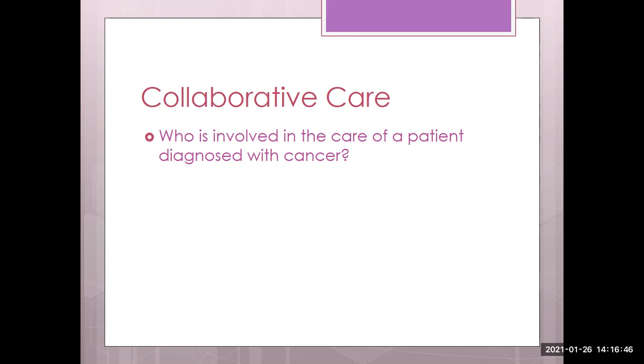There's a lot of services that they can offer to help the patient and their support system. Depending on the location of cancer and the type of treatment, PT, OT, speech could all be involved in the care. Infusion care, which you'll get to see as part of your clinical rotations. You may see patients that are receiving treatment for different types of cancers.